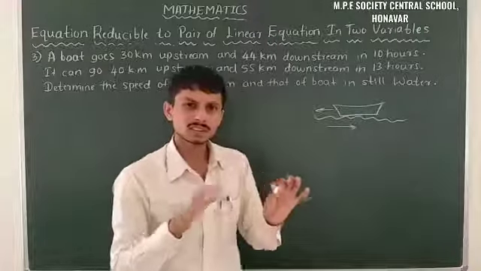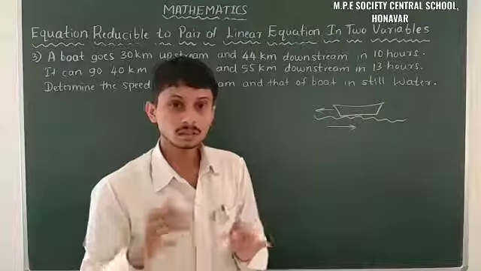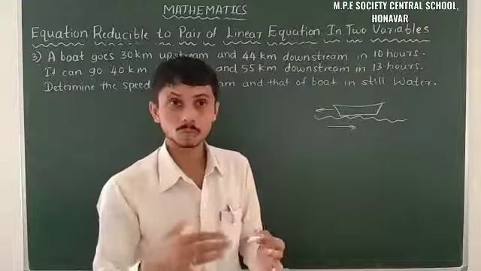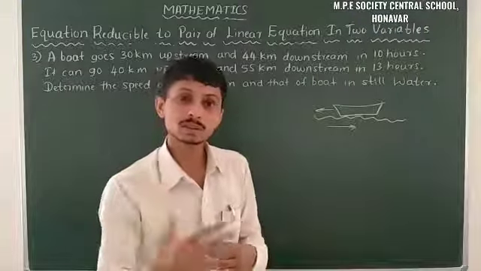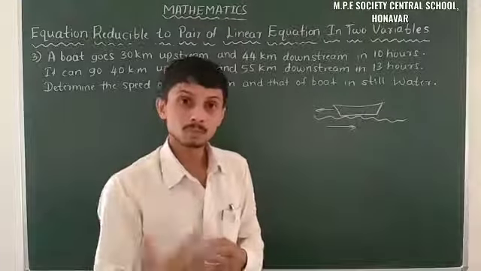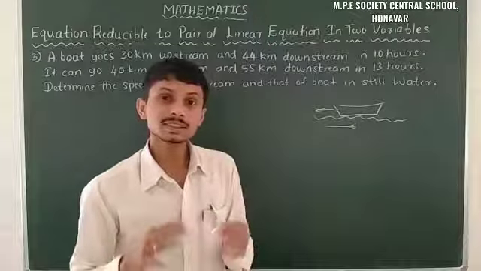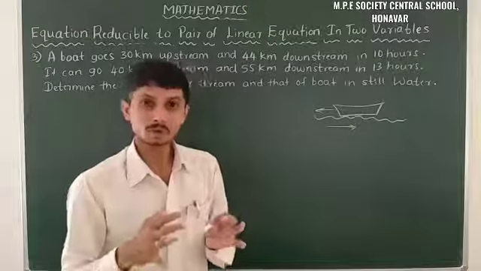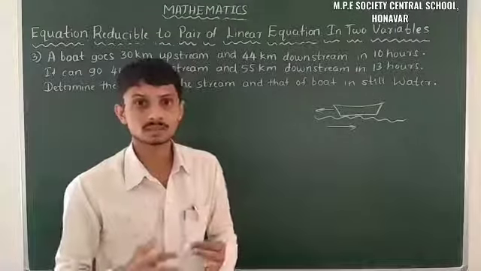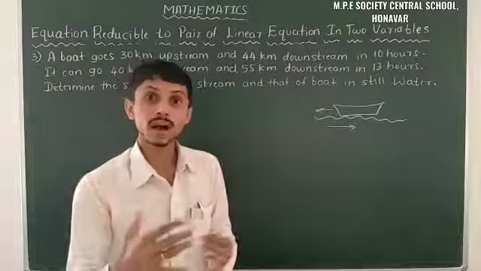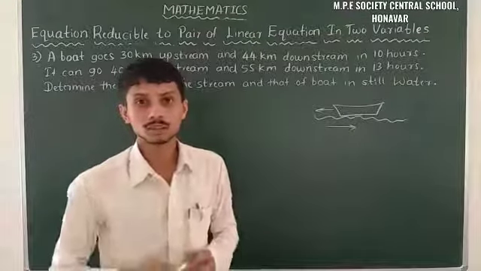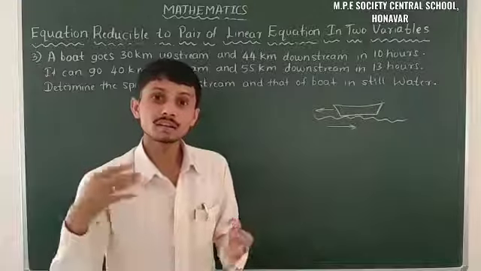Imagine when we are swimming in moving water. When we are swimming opposite to or against the motion of the water, it reduces some amount of our speed and effort.